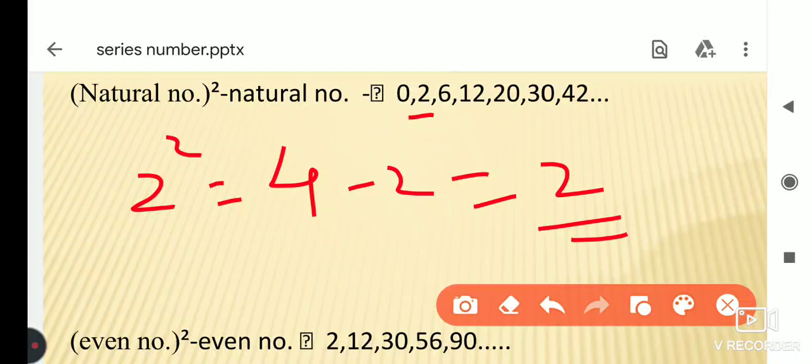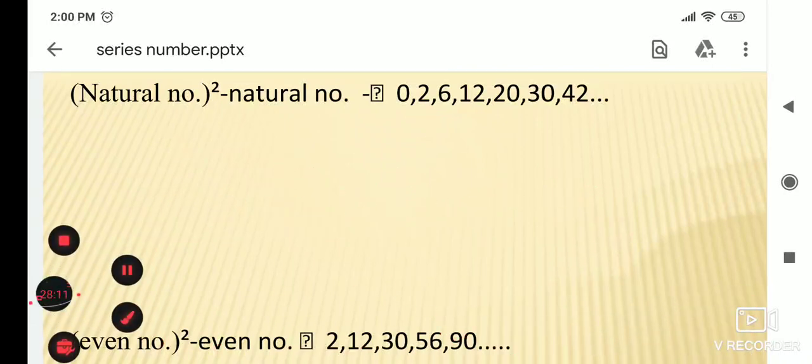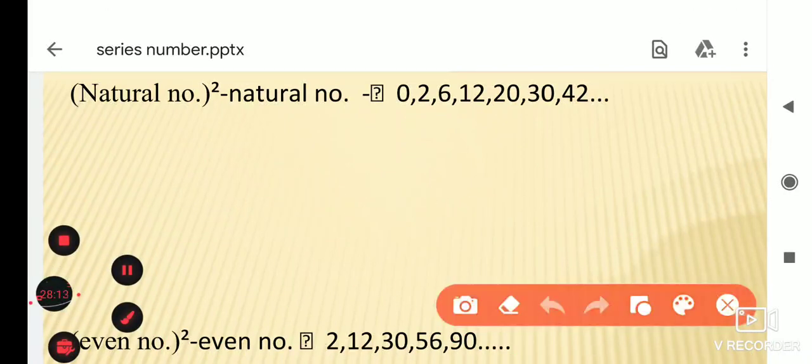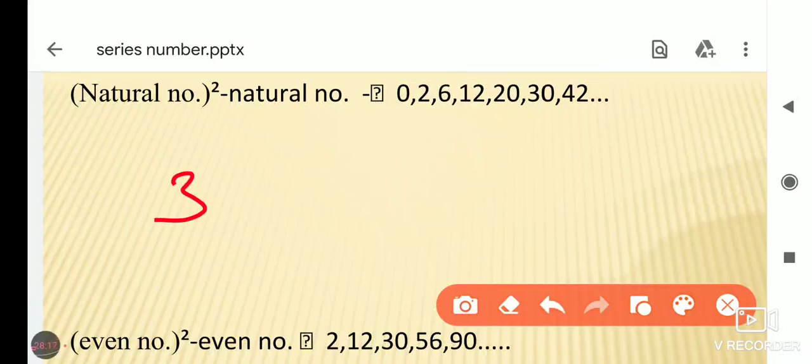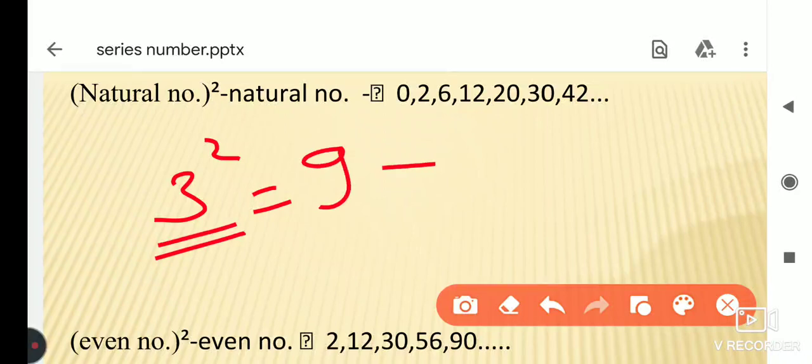The third number is 6. So how can we find the 6? The next natural number is 3. So the square of 3 is 9, minus the number itself, that is 3, we get the answer, that is 6.